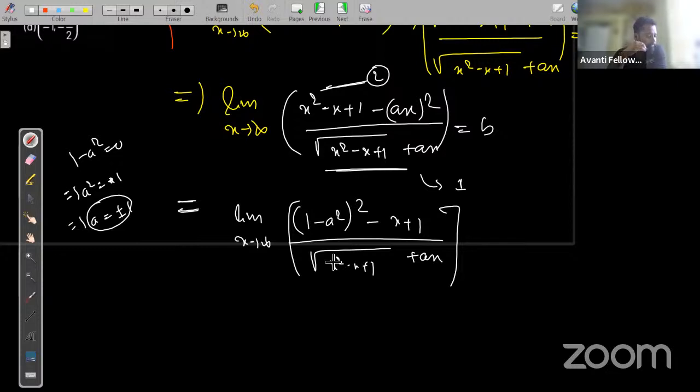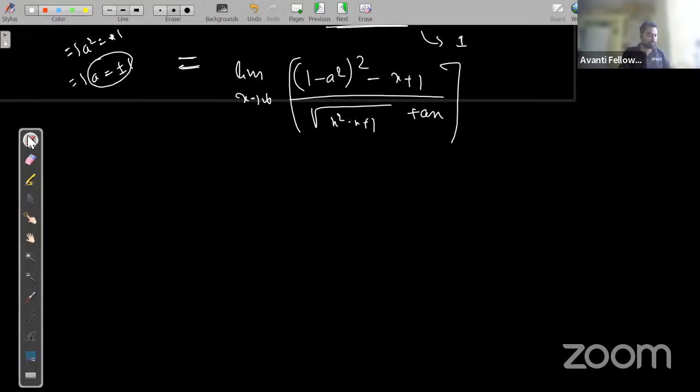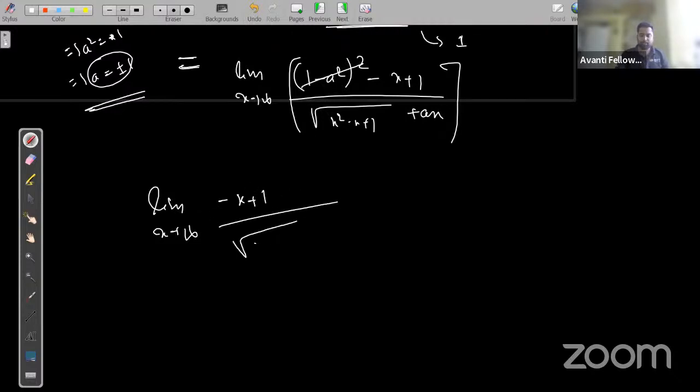Okay, after that if we solve it, limit x tending to infinity of minus x plus 1, the x square term will be 0 now. Minus x plus 1 upon root of x square minus x plus 1 plus ax is equal to b.